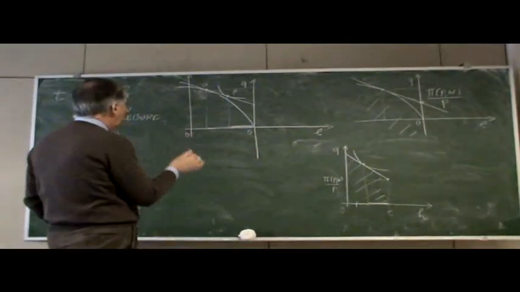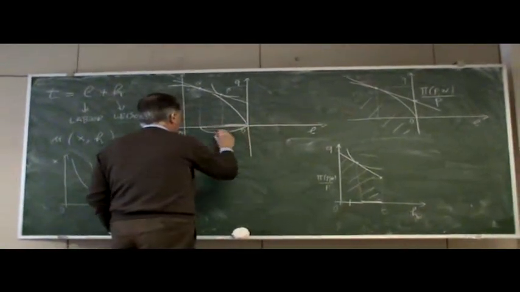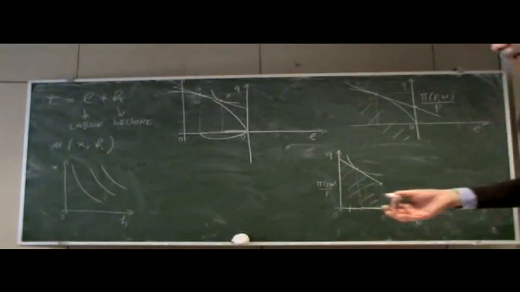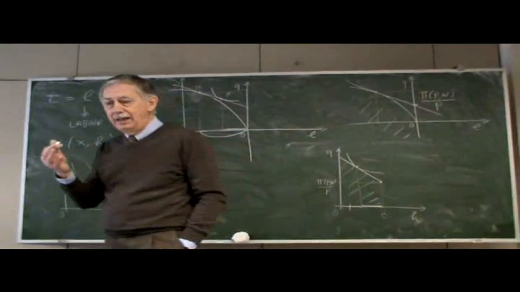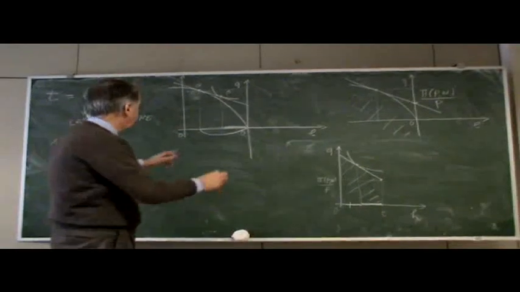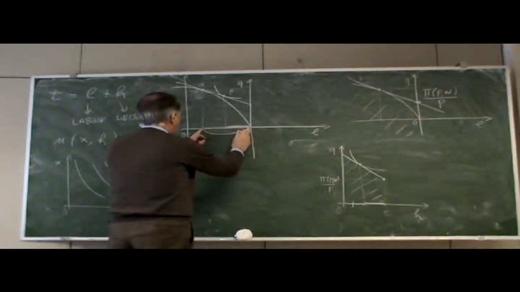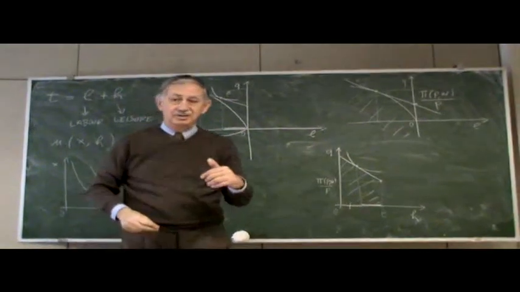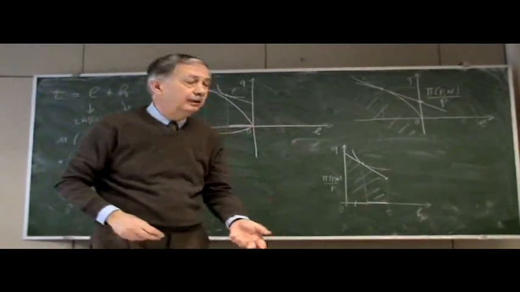While the demand of labor by the firm is equal to this larger segment. What is the meaning of this result? It's simple. On the labor market, there is an excess of demand of labor. The quantity of labor which the firm wants to employ is greater than the quantity of labor which is supplied by the consumer. Excess of demand of labor.